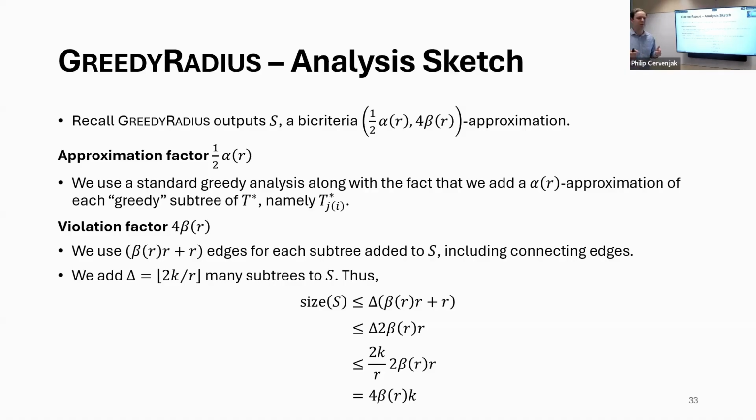So multiplying those and simplifying gives you the size of our solution, S. Like I mentioned earlier, we simplify this as 2 beta R times R. We substitute our value for delta and then cancel them out, and we get that the final size of our solution is 4 beta R times K. So this violates the size constraint by 4 beta R.